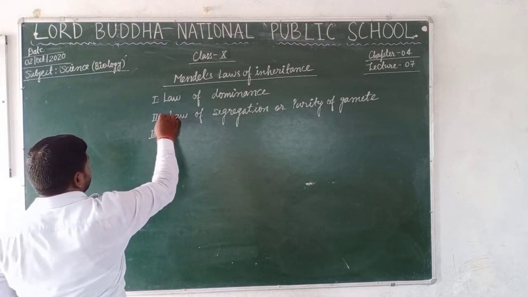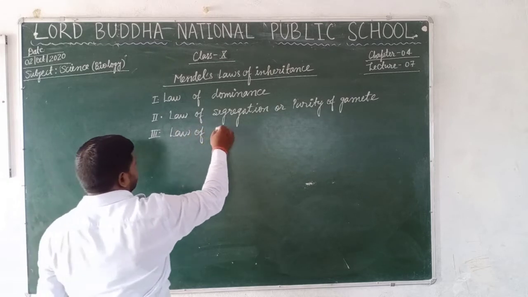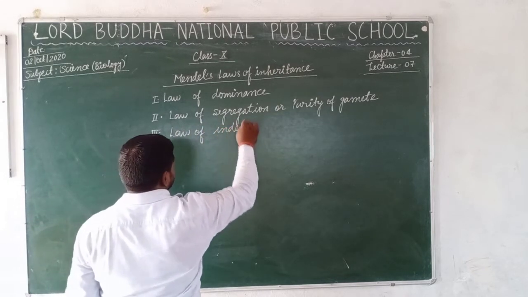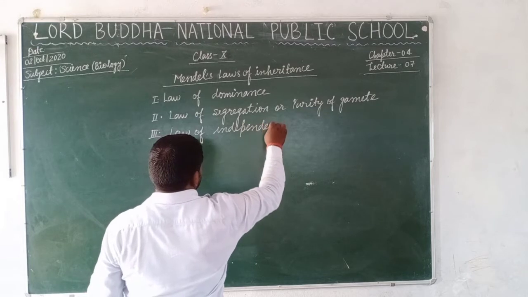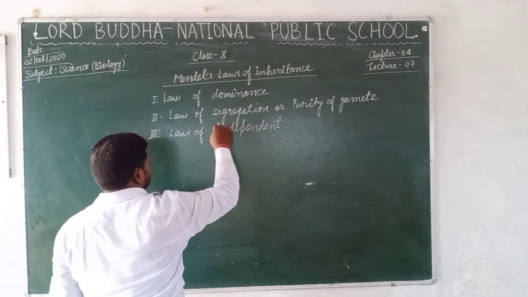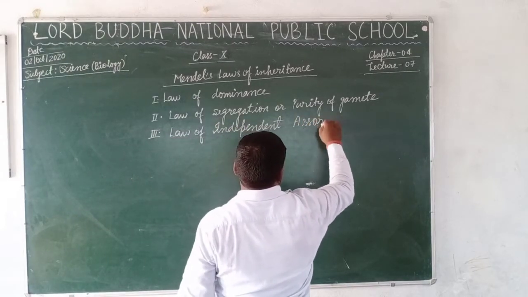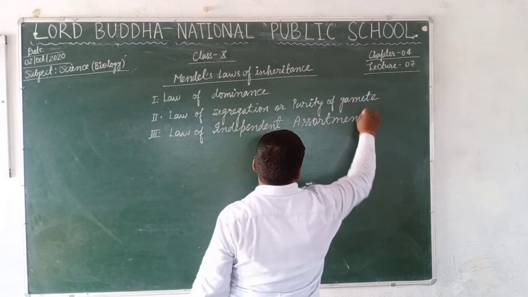And the third one is the law of independent assortment.